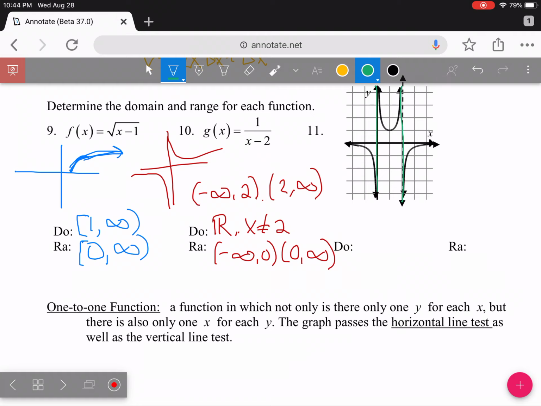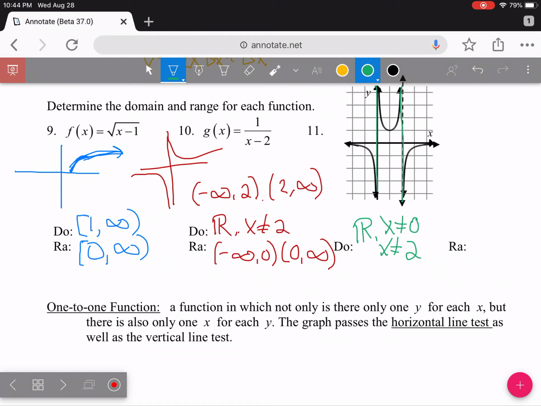So our domain is all reals except x is not equal to 0 and x is not equal to 2. Those are the only two values of x that we cannot put into this function.